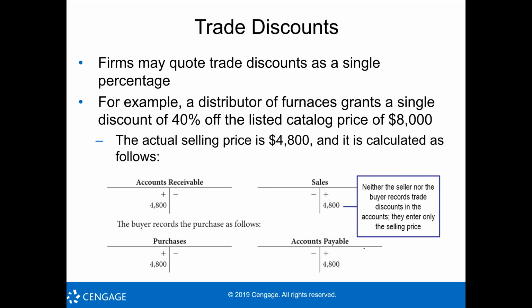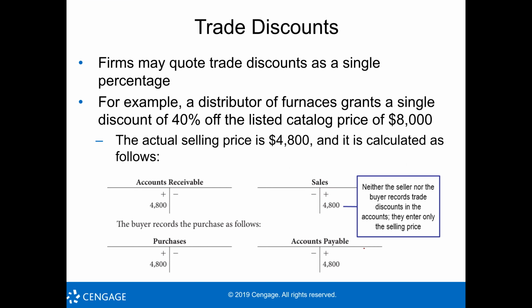So it says firms may quote trade discounts as a single percentage. For example, a distributor of furnaces grants a single discount of 40% off the listed catalog price of $8,000. So if we take that 8,000 times 40%, the actual selling price then is 4,800.